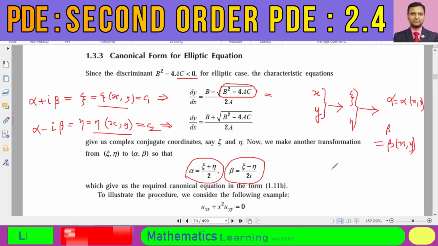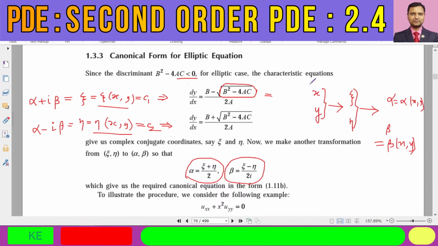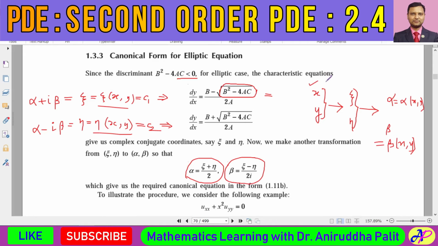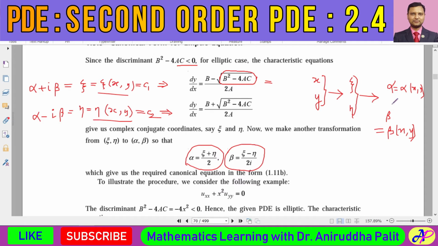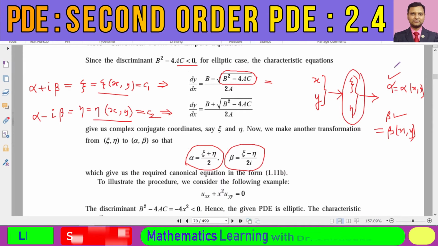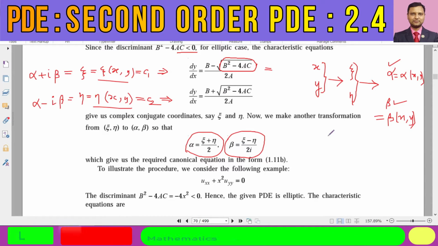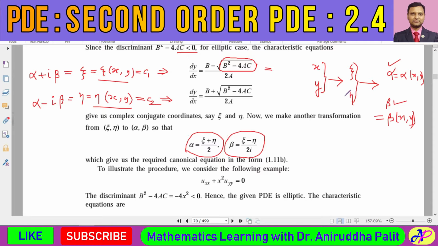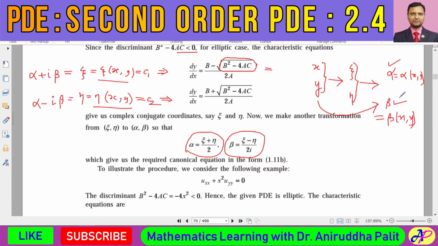All right, and in that case the given differential equation, which was originally written in terms of x and y, will now be converted in terms of the independent variables alpha and beta, not in terms of chi and eta, because these are complex valued variables. So x and y are directly transformed to alpha and beta by a certain transformation.